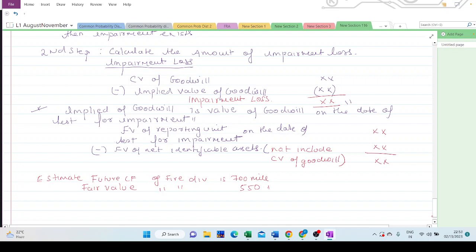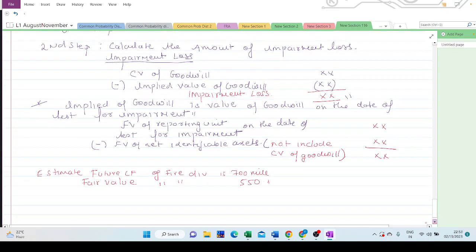Okay, now we'll write the net assets of fire division.